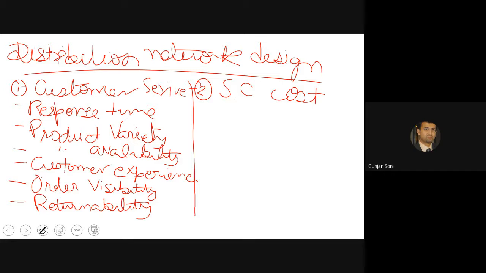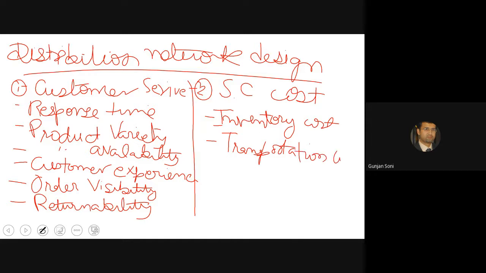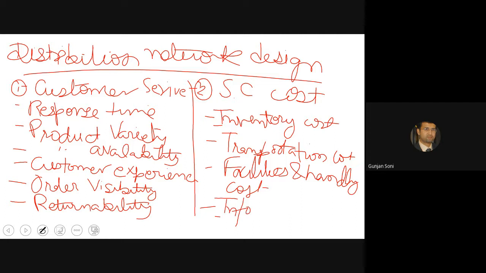And then supply chain cost. Basically four different types of costs which we'll have to consider: first is inventory cost, second is transportation cost, third is facilities and handling cost, and the fourth one is information cost.